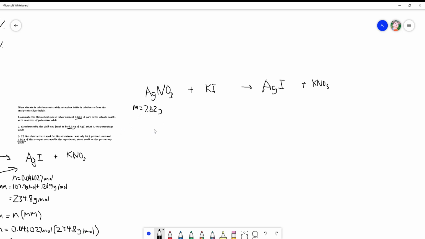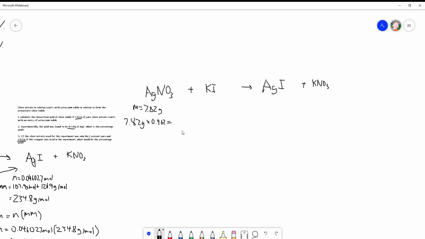And since we know that the silver nitrate is 96.2% pure, we can calculate the total amount of pure silver nitrate. And we can do this by taking the mass, 7.82 grams, and multiplying it by the decimal form of this percentage, which is 0.962.